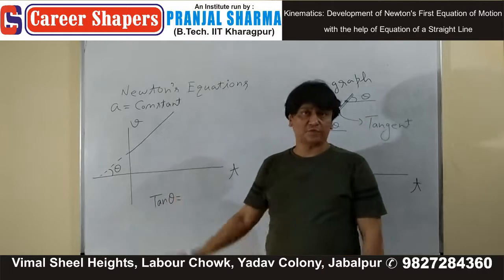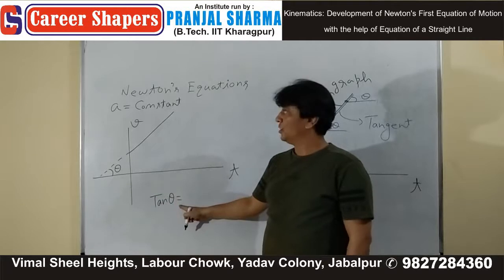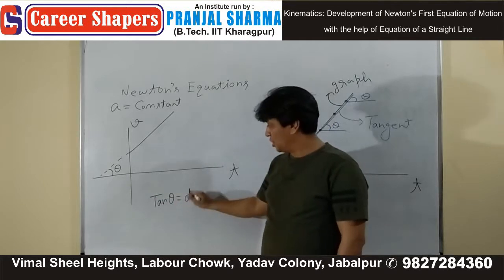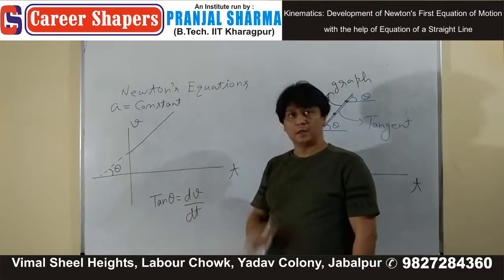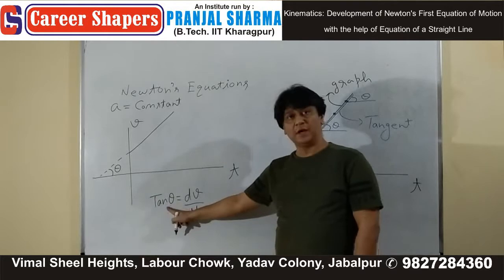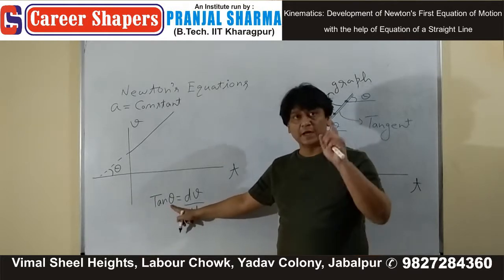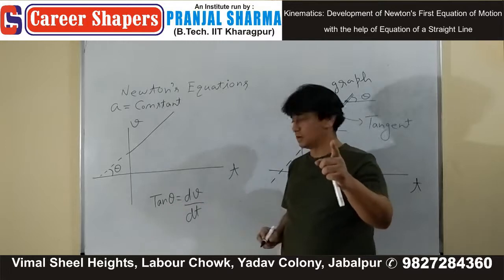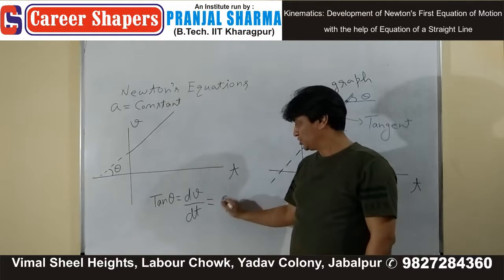What is tan of theta? Tan of theta is called what? dV by dt. Pay attention to this. What is tan theta? Tan theta is the slope of the tangent, which is dv by dt, which is a.